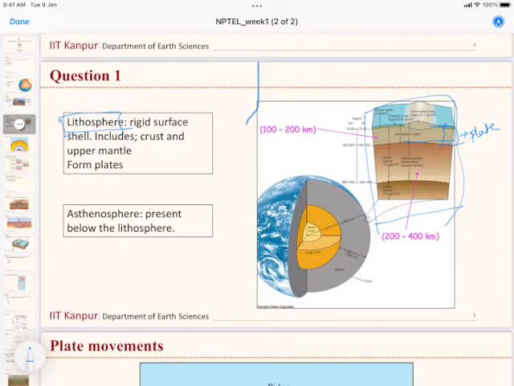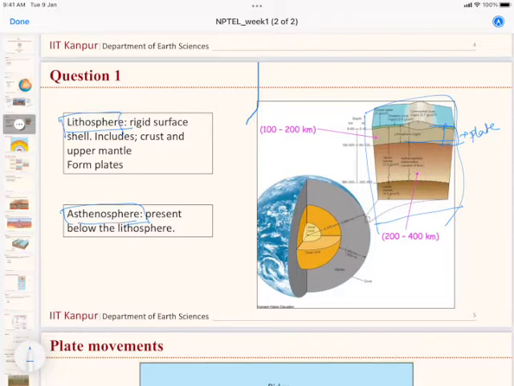Below the lithosphere we have the asthenosphere, because to move the plate easily we need some liquid material on which the plates can float. So the asthenosphere acts as a motivator for plates to move.